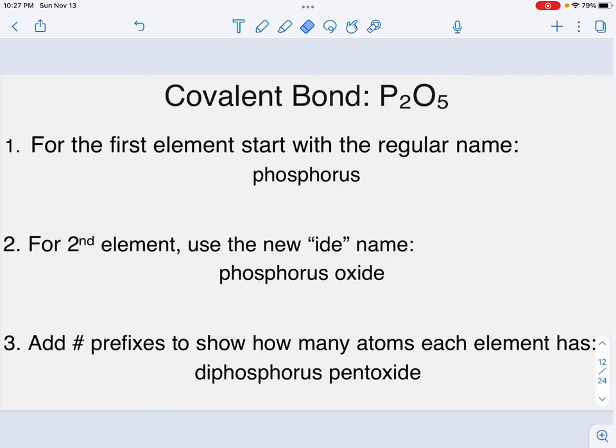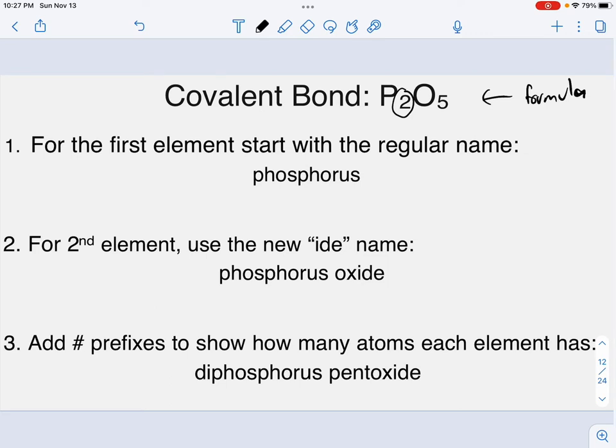Okay, moving forward. The third rule, add number prefixes to show how many atoms each element has. So let's look at the molecular formula, okay? We're going to pay attention to the numbers that are by each element. So let's look at phosphorus first. Phosphorus has a 2 by it, so we have 2 phosphorus atoms in this compound.